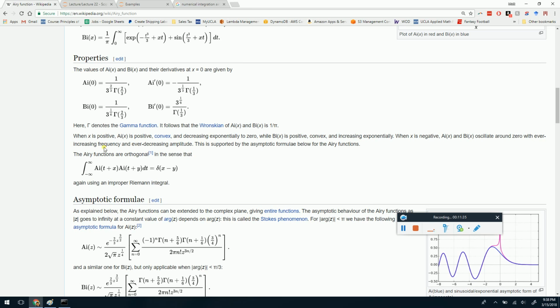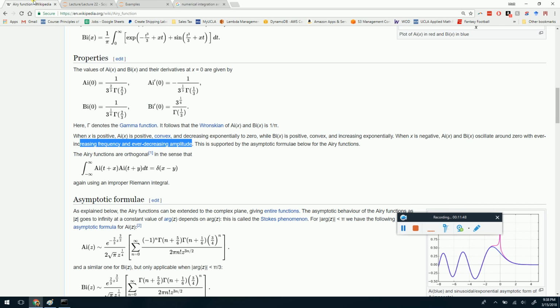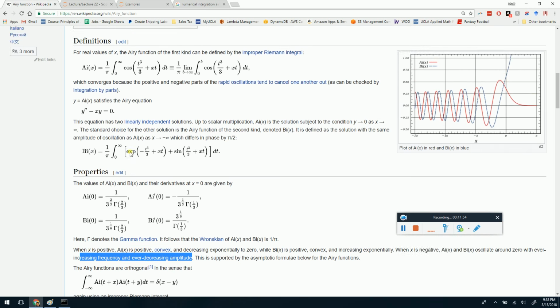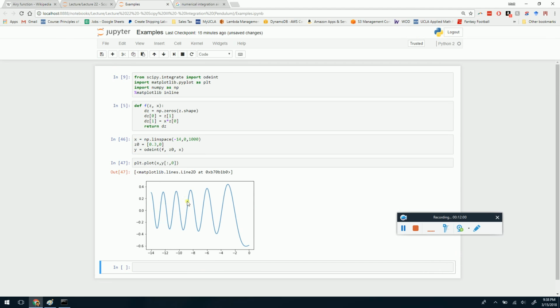When it's negative, they oscillate around 0 with ever-increasing frequency and ever-decreasing amplitude. Well, that doesn't really make sense. I think it means when it gets more and more negative.